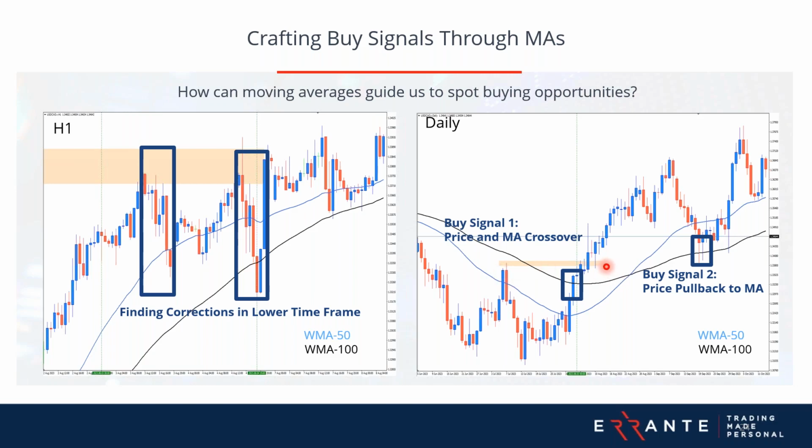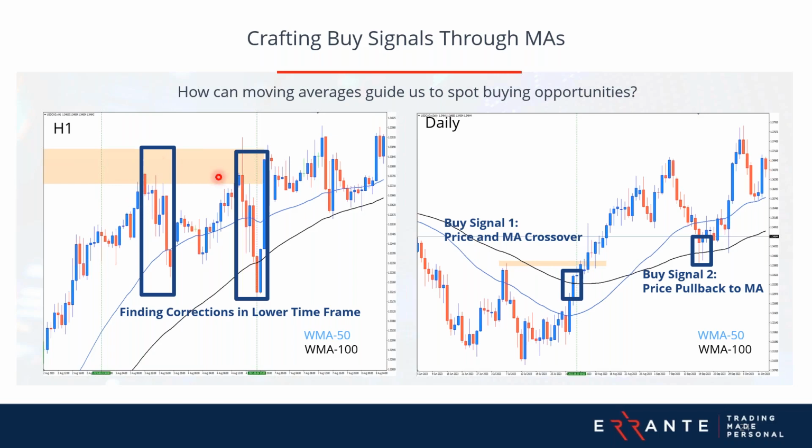So once an uptrend is confirmed, the next step involves zooming into a lower time frame like H1, as you see here. And the art lies in waiting patiently for these corrections to complete, which can shape candlestick patterns indicating a reversal or a rebound from a moving average.